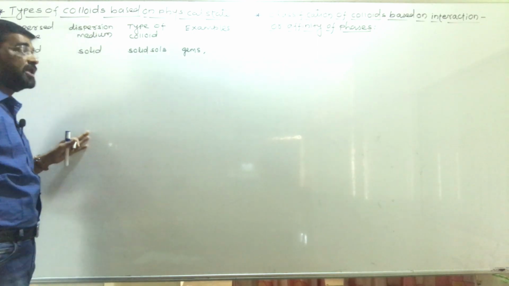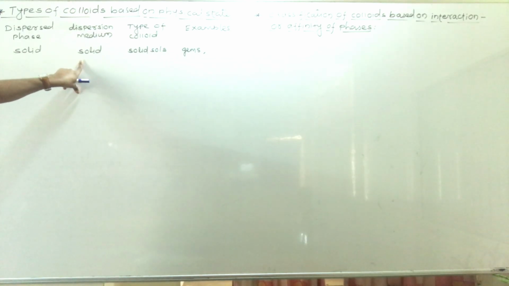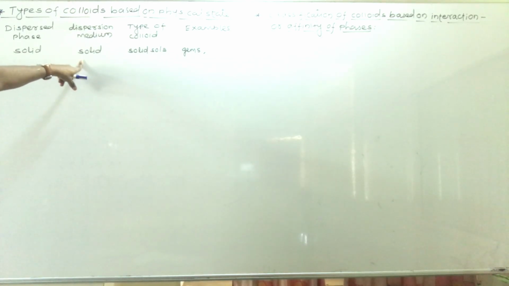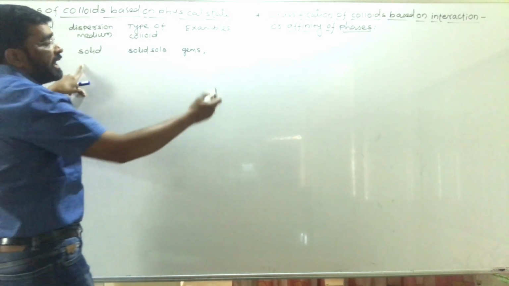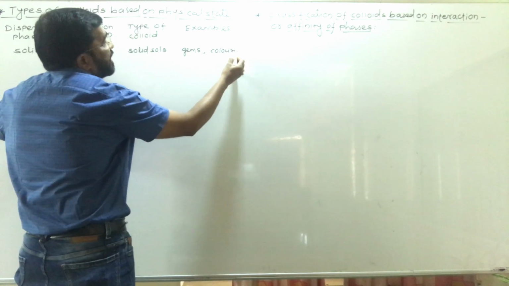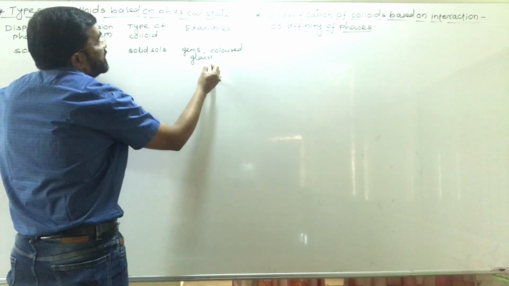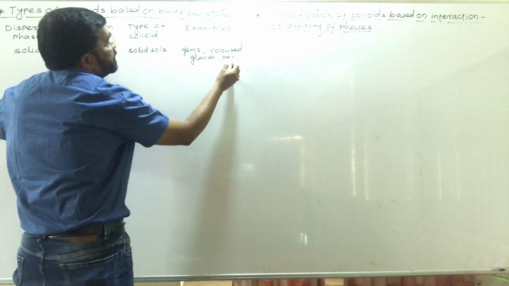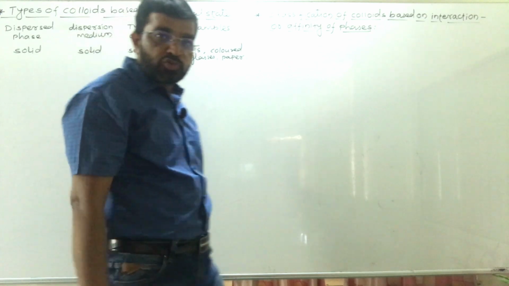That is nothing but the example of solid in solid type of colloidal solution, gems. Then colored glasses. Colored glasses are examples of this, as well as paper, solid in solid type of colloidal solution.